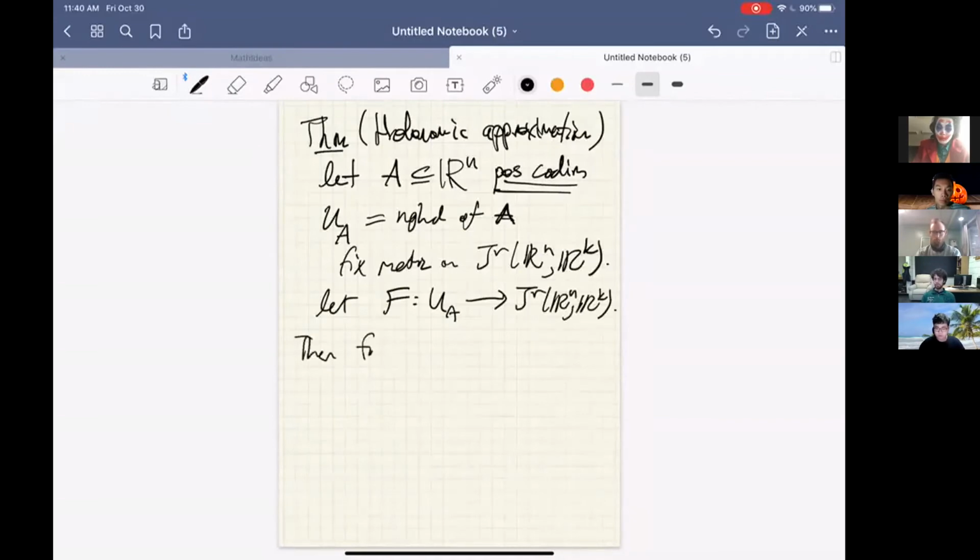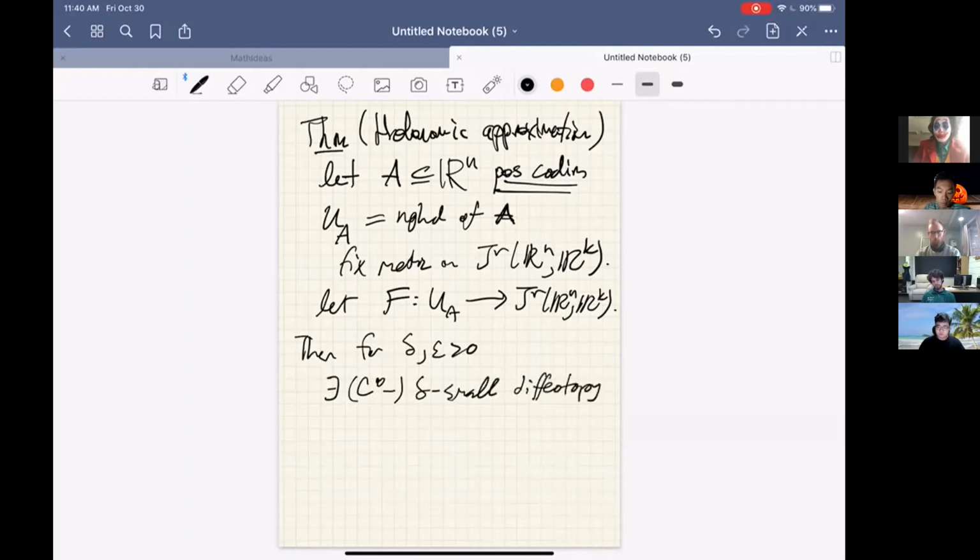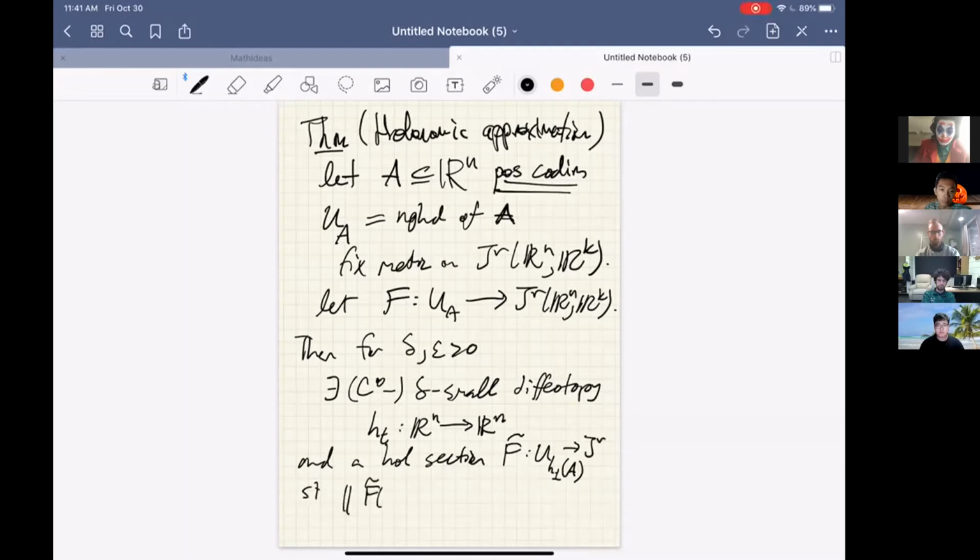Then, for any delta and epsilon, there exists a C0 delta-small diffeotopy, so that's a homotopy along diffeomorphisms, and a holonomic section on a neighborhood of the image of the last guy in the diffeotopy, such that these guys are very close together.